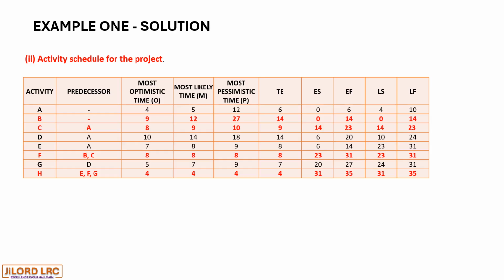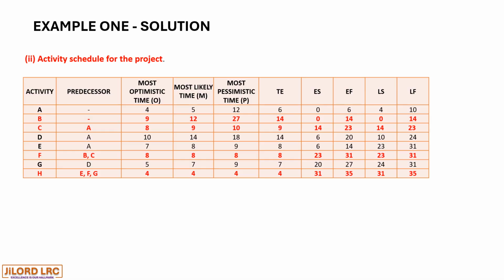So the critical path is B, C, F, and H, and they are indicated in red. The early start, early finish, late start, late finish values have all been entered.